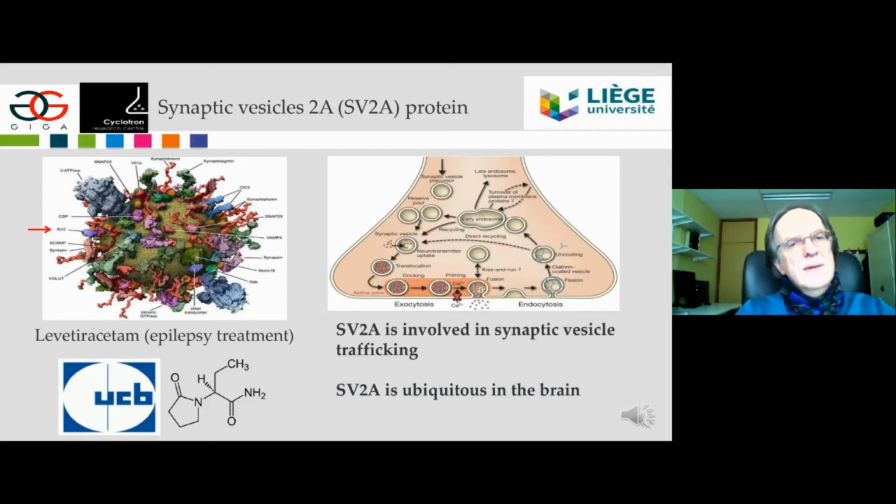Now, why was UCB Pharma interested in SV2A? That's because they have one of their most important anti-epileptic drugs, levetiracetam, which has been shown to exert an effect and bind to the SV2A protein.